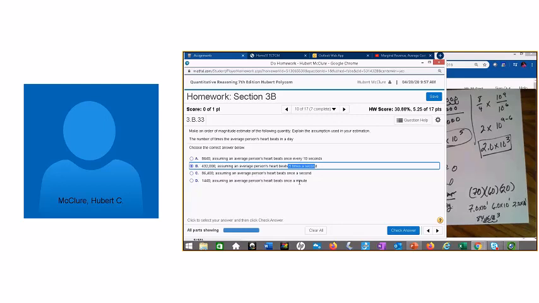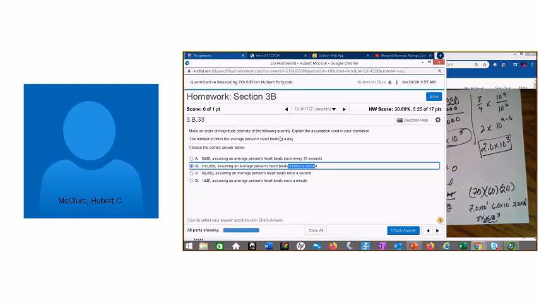Well, I don't like that question at all. You're going to have to actually do each one: with 10 seconds, with 5 seconds, 1 second, and 1 beat per minute. You're actually going to have to do 4 questions and plug those 4 in.